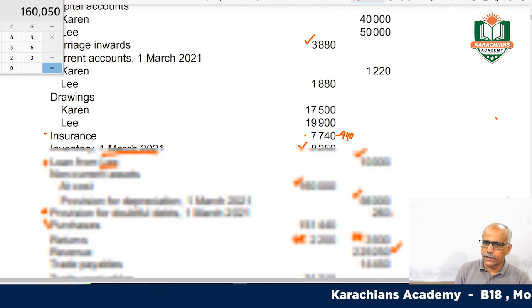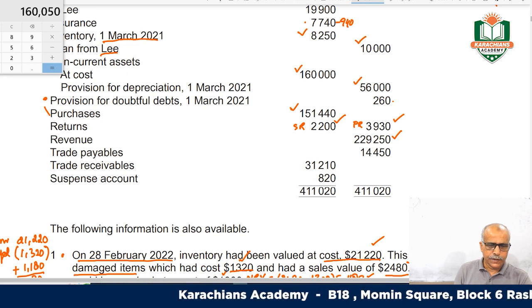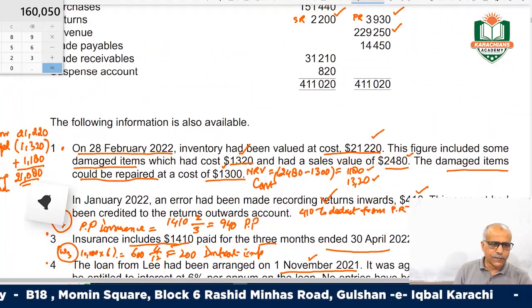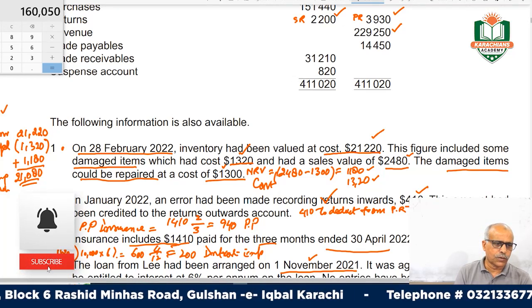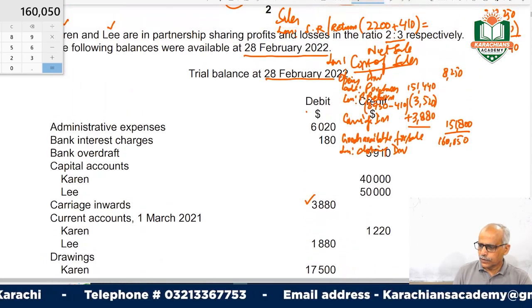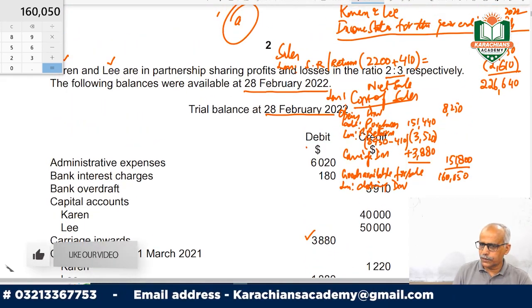You have calculated closing inventory in working 1, and your closing inventory was 21,080.